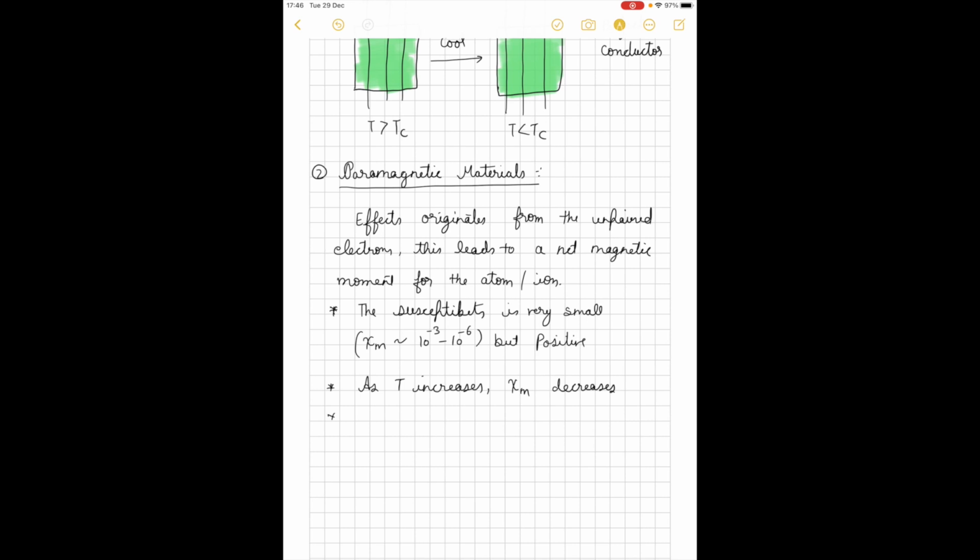So I will write it down also. Paramagnetic materials show slight attraction in the presence of a permanent magnet.